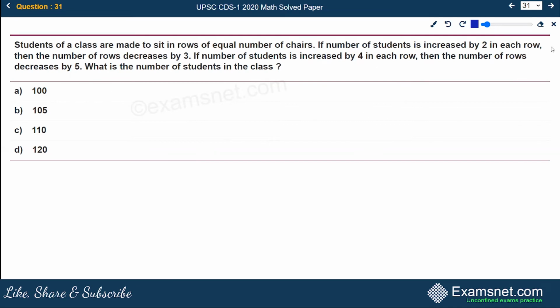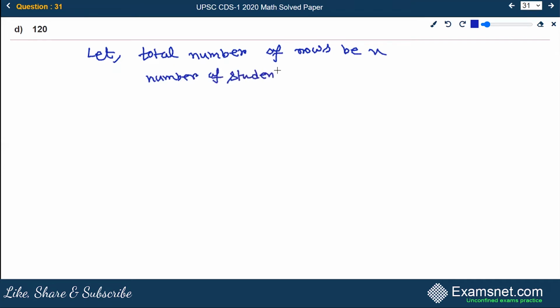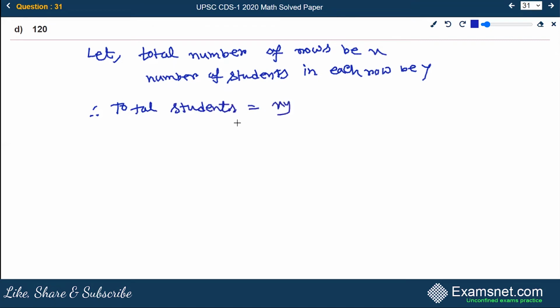So here, let the total number of rows be x and the number of students in each row be y, correct? Therefore, total students is the product of x and y, correct?